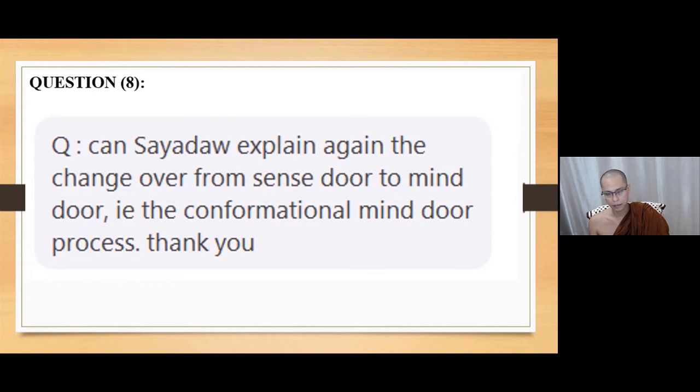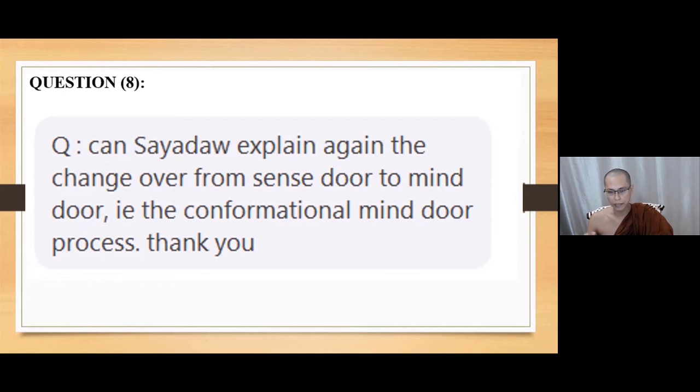After some time of bhavanga, to recognize that visible form, what we see, the mind door process arises. So mind door adverting, 7 times of javana and registration arise.